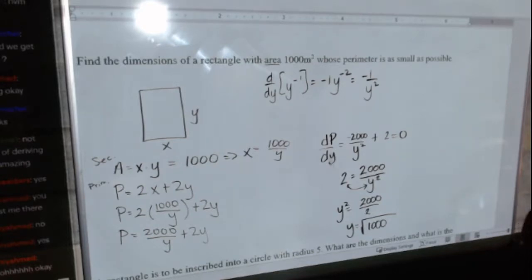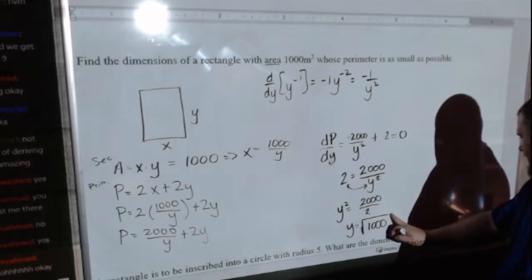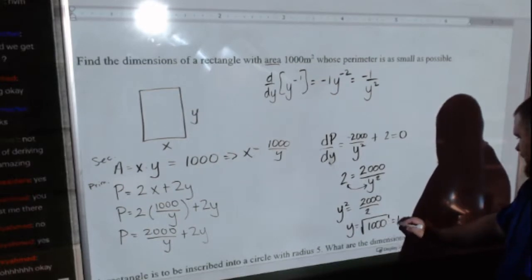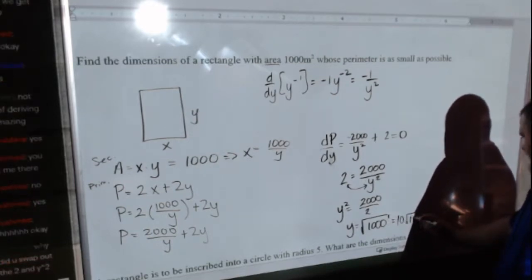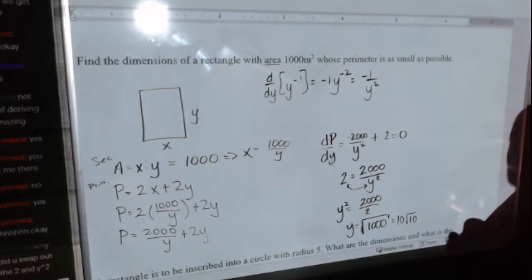And so the best we can do with that is make it 10 square root 10. Why did you swap out the 2 and y squared?